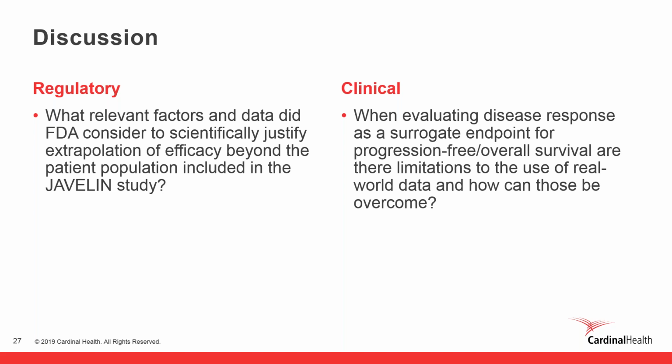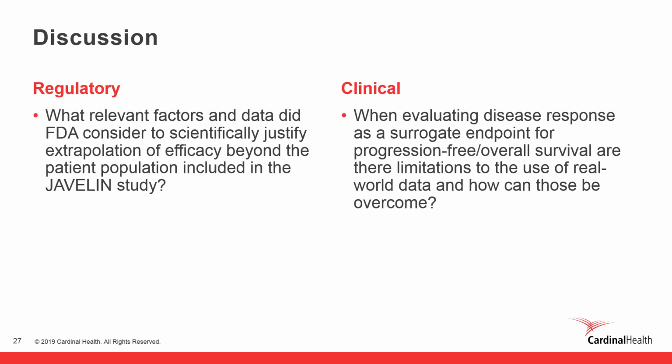So for the expansion into the chemotherapy naive patients, they looked at various factors such as ongoing clinical trials with this particular product, as well as the unmet need for metastatic Merkel cell, and in addition to the favorable toxicity profile. When it comes to pediatric patients, they extended that down to adolescents to the age of 12, and that was supported by a population PK analysis. So in the end, I don't believe RWD played a role in the extensions that we saw away from the clinical trial, the Javelin study.